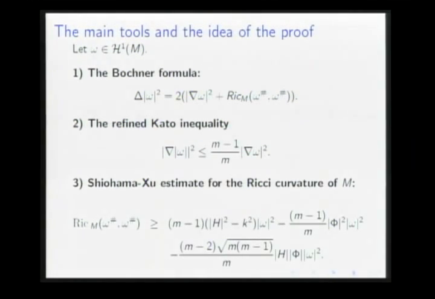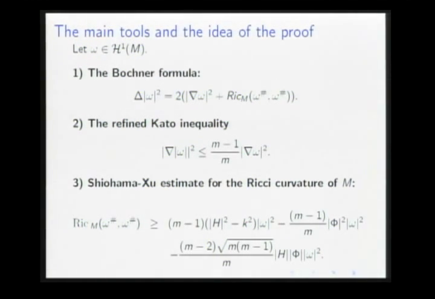And our hypothesis on the curvature of the ambient space allows us to use an estimate of Ricci curvature due to Shen and Shu. It's a consequence of Gauss' formula, essentially.